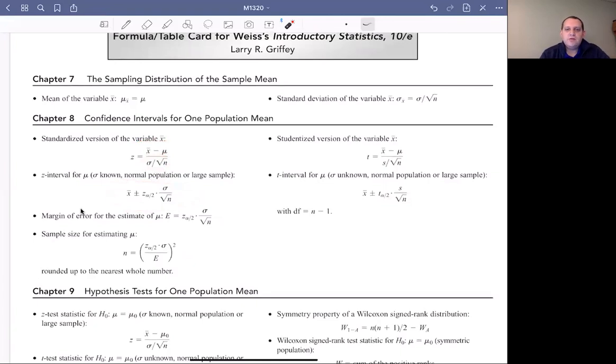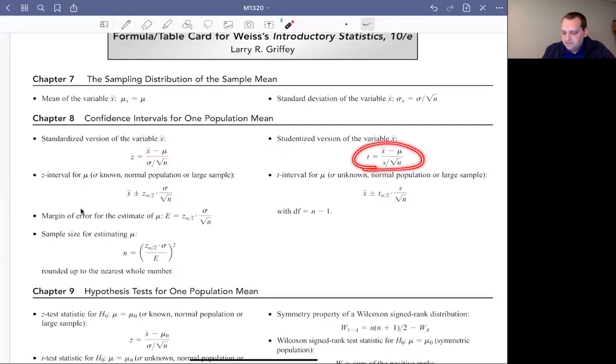And what we're going to do is use the t-distribution in the situation where we don't actually know what the underlying population standard deviation is. So that's where the t-distribution is going to be useful. But otherwise, it's the same process. Instead of looking at the standardized, we're going to look at what's called the studentized version of the variable x bar, because it's the student's t-distribution.